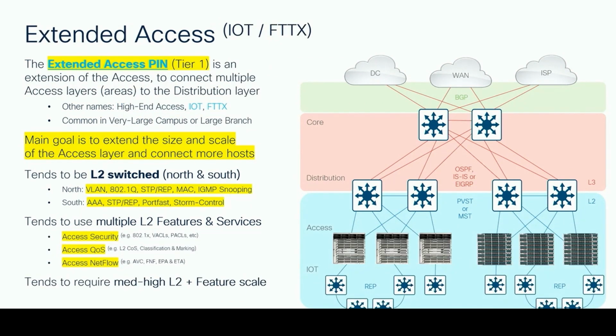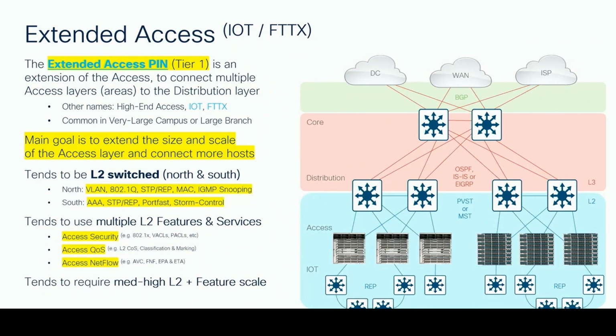Now, why would you extend this, right? Well, if an access layer is all about ports, physical ports, then by extension, no pun intended, I need more ports, right? I'm also going to talk about this a little bit when I get to the stacking in just a few minutes. But I just need more ports. I need a bigger access.